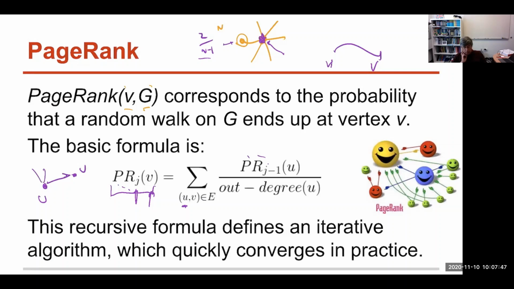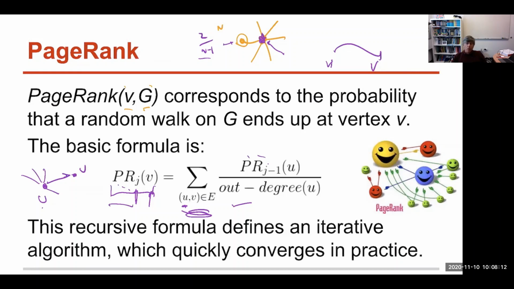My claim is it's the probability I was at u divided by the number of ways I can walk from u to someplace else. And that is the out degree of u. So basically, if I sum up over all the vertices that come to me, I will get a new estimate of the PageRank.